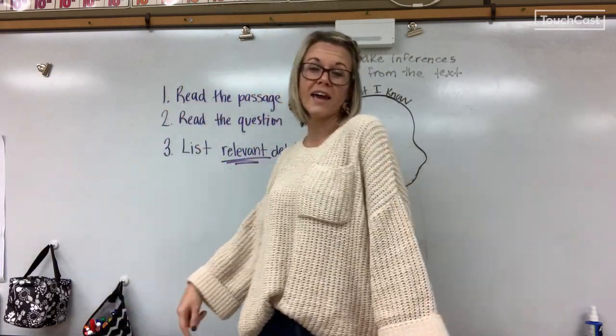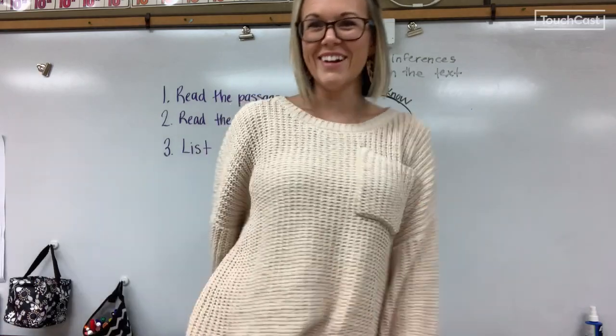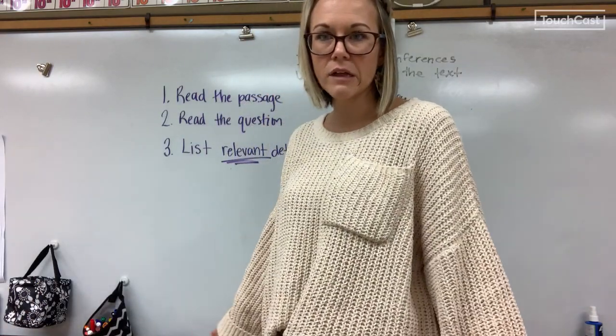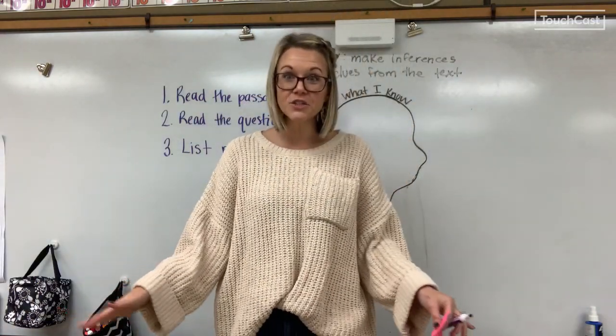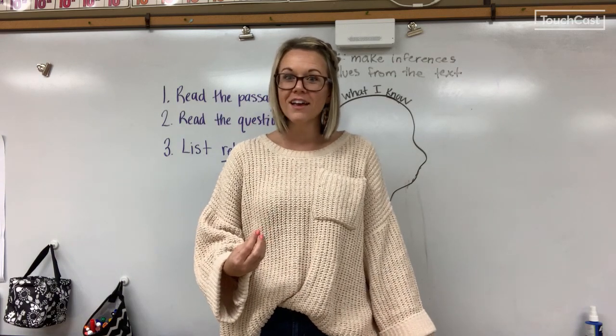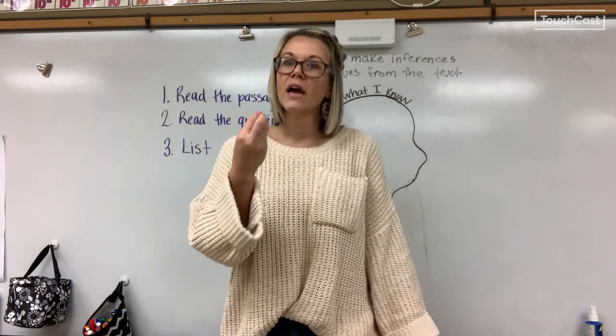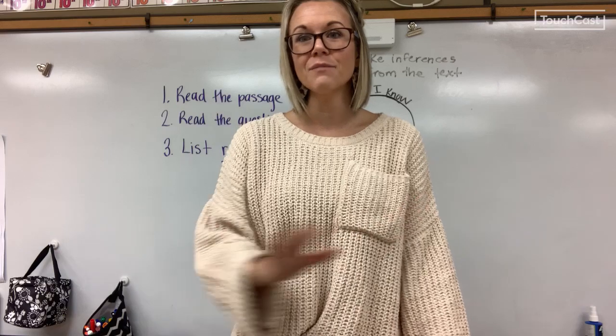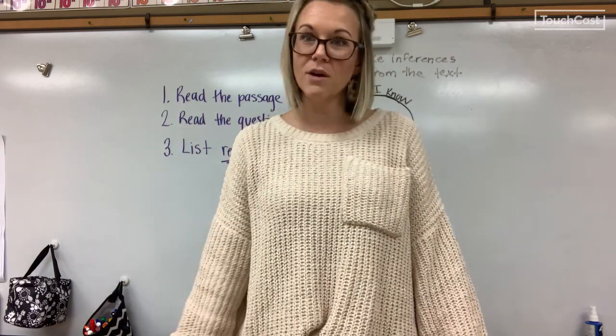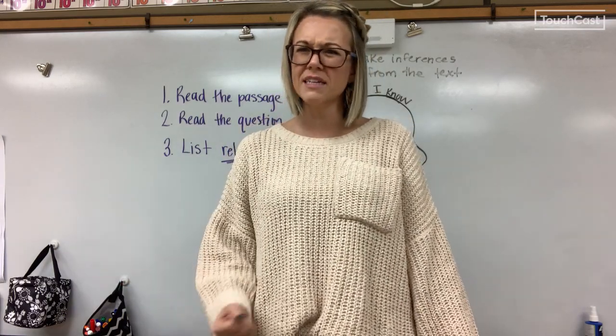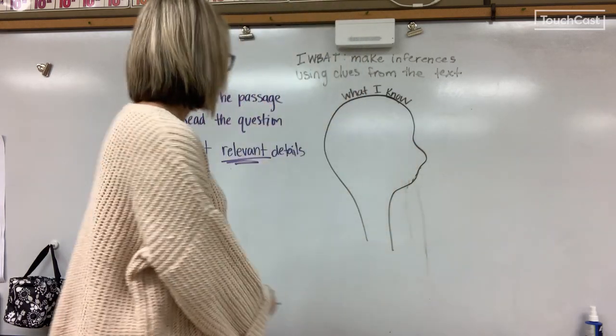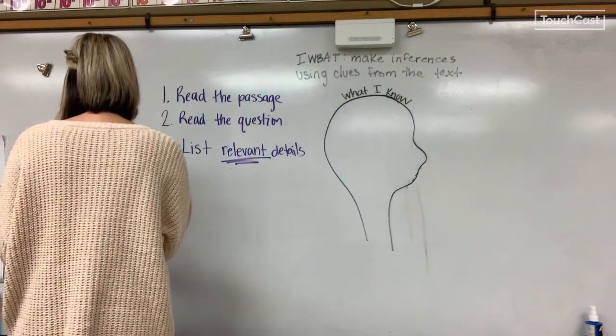But you wouldn't say you were wearing a really cute sweater. That's not a relevant detail. That has nothing to do with how I feel. So a relevant detail actually has to do with your question. It's not some random thing. It's not about my beautiful, comfy sweater that I'm wearing if you're trying to explain how I feel. So step 3 is list your relevant details.